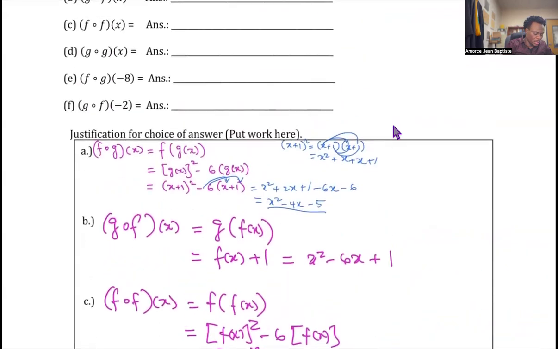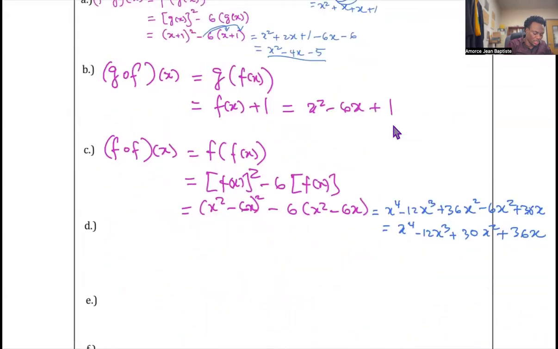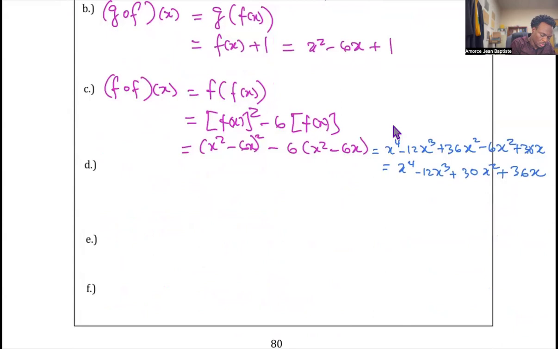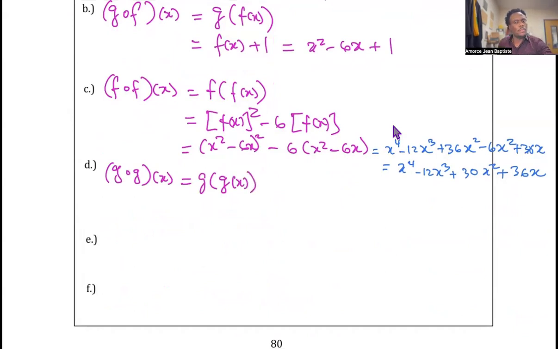Next question, D. They want you to find g composition g of x. So g composition g of x is g of g of x. It means that you replace x by g of x in g of x.